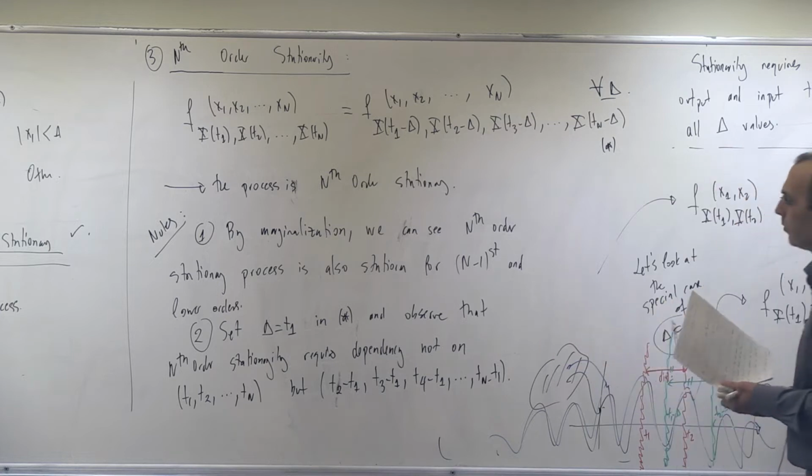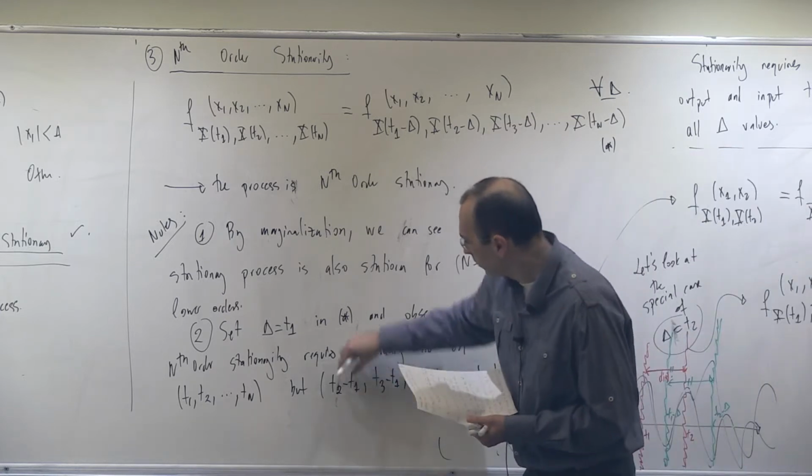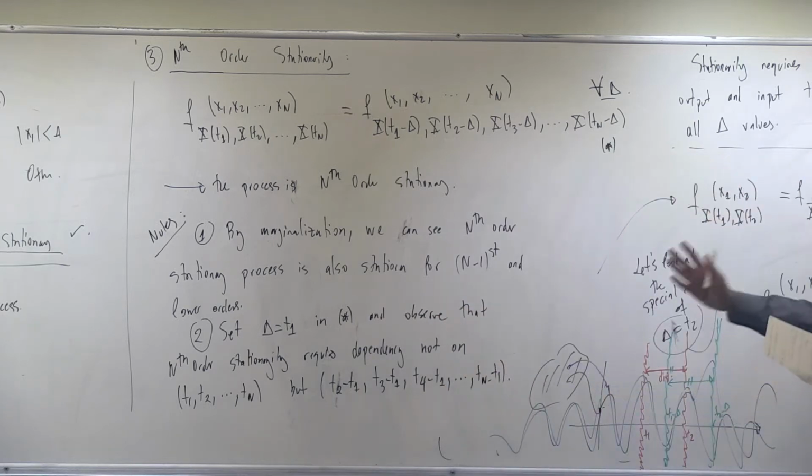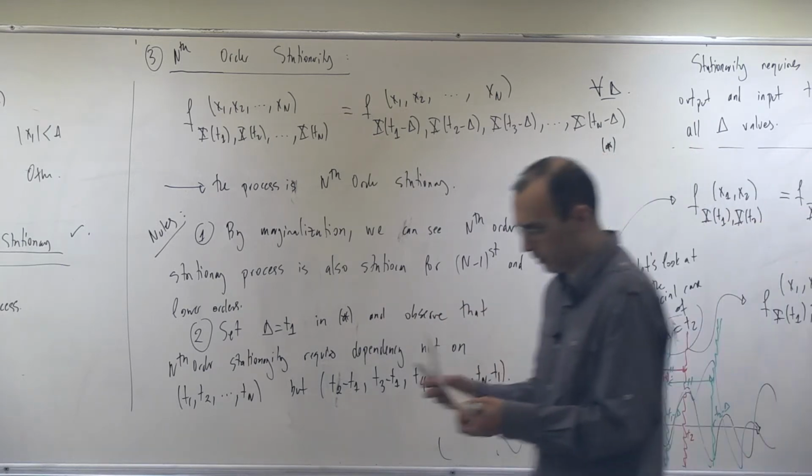The reason is, again, the relative time difference between these observation times are important. Okay? Because there can be a global offset in the sampling time.